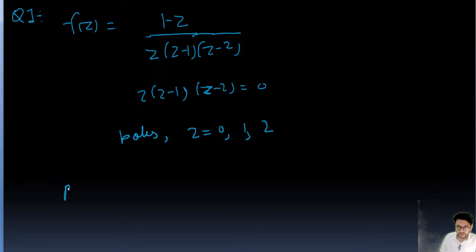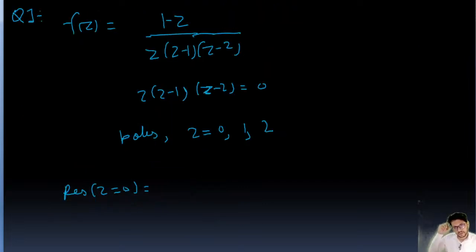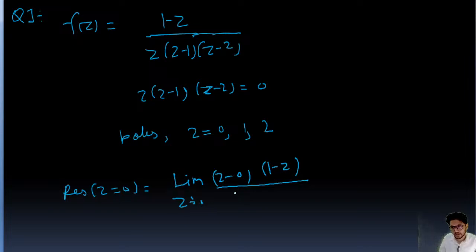So now we'll find the residue. Residue at z equal to 0 is going to be the limit as z tends to a of (z minus a) f(z). So this is going to be the limit as z tends to 0 of (z minus 0) into (1 minus z) upon z into (z minus 1) (z minus 2).